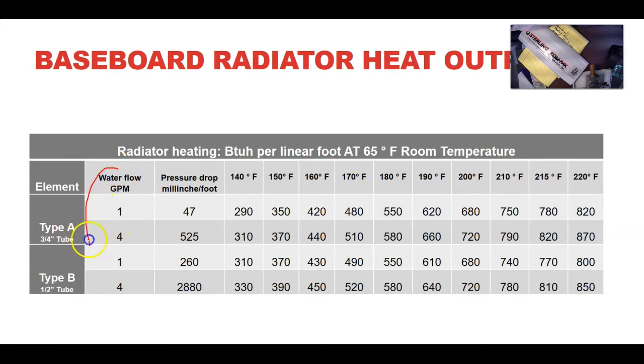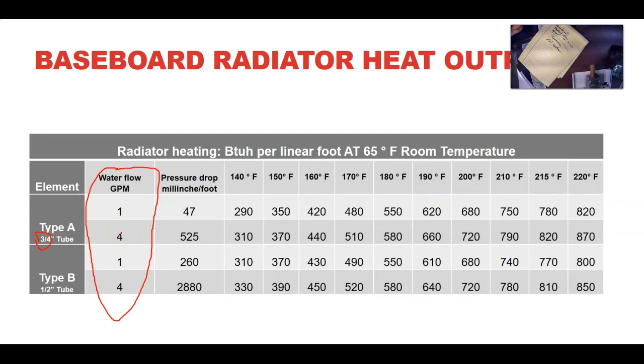And look at the flow rate that goes through it. This is very important. I'll give you a second to look at this table. Look at it. So you see type A and type B based on the tube diameter. Then you have the flow rate, which is 1 gallon per minute. GPM is gallon per minute. That's one. And we have here 4.